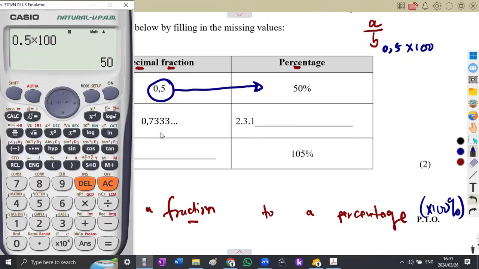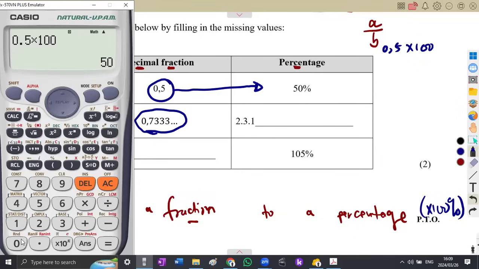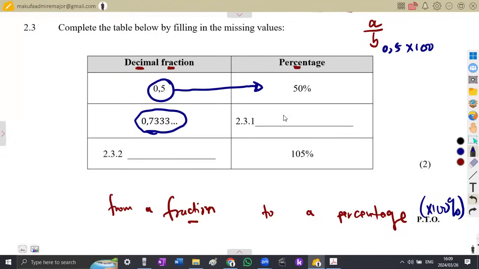It's the same thing with this number that we are given, 0.7333 and so on. Just multiply it by 100%, which means we are going to obtain 73.33%, and so on.